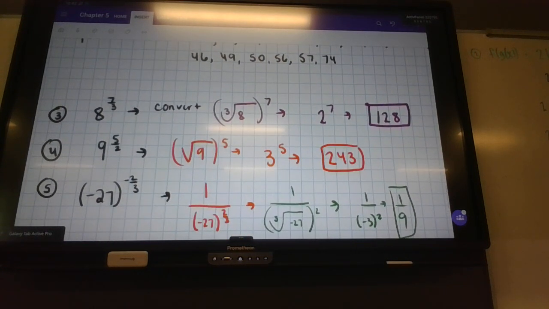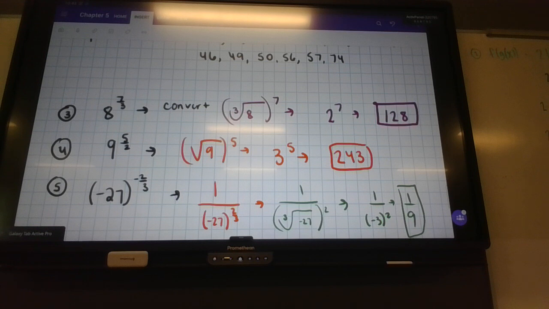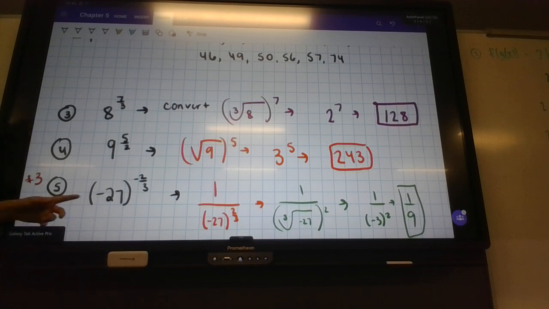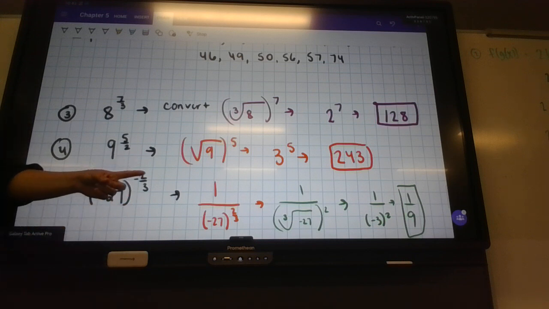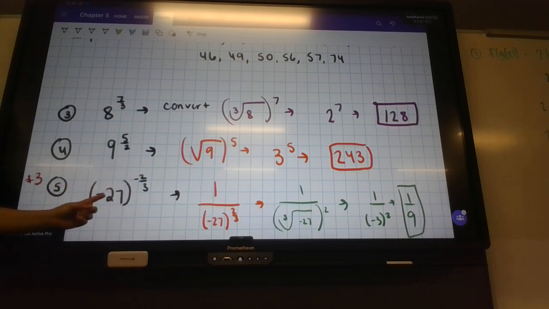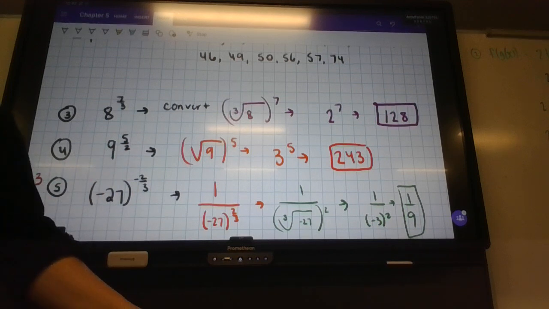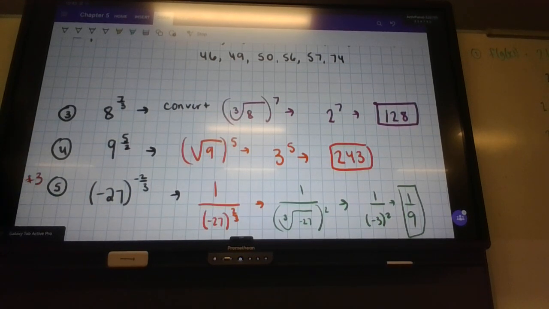I wanted to highlight number 3 online and number 5 in your book. This is a question that I would put on the paper version and say you must show work. Your calculator will do this. It'll pop out 1/9. But I want to know that you can go through the process of simplifying it, showing the properties of radicals and exponents.